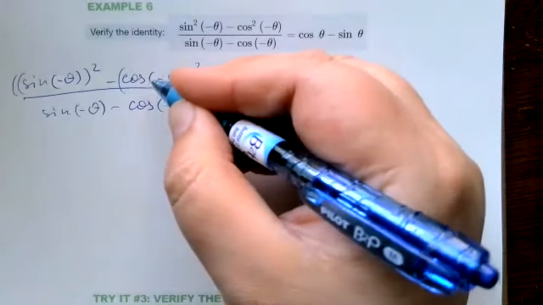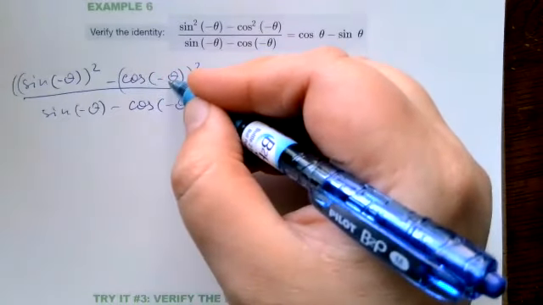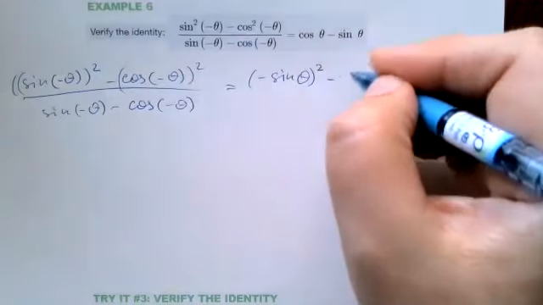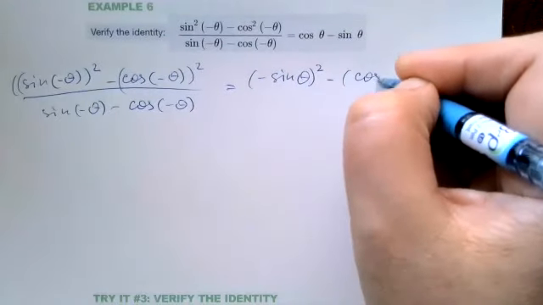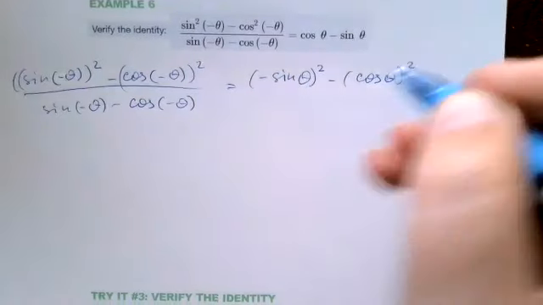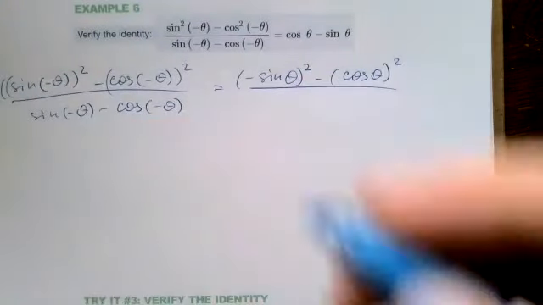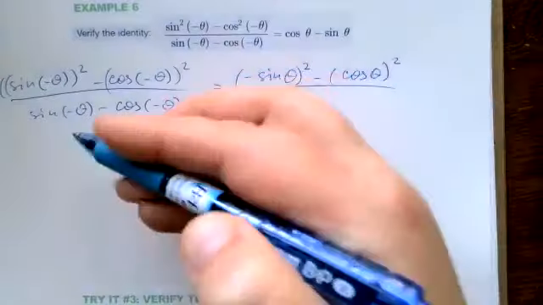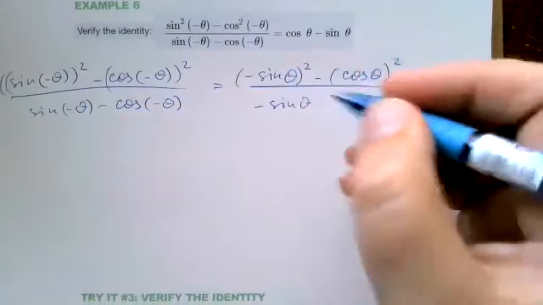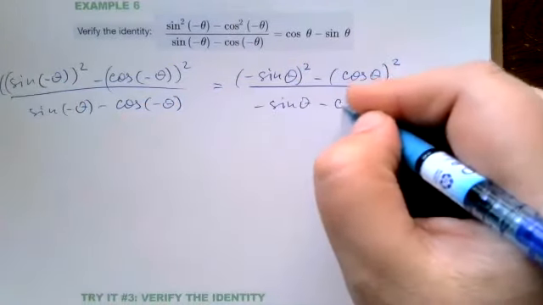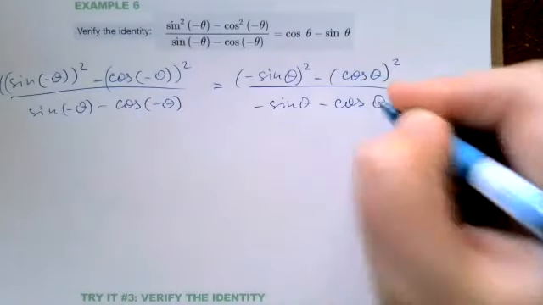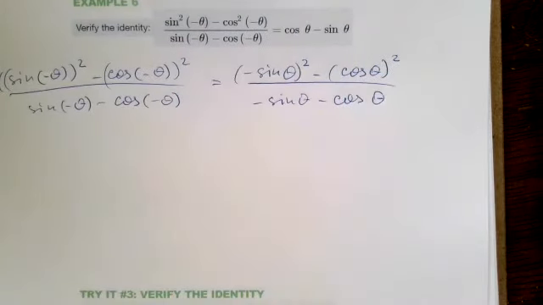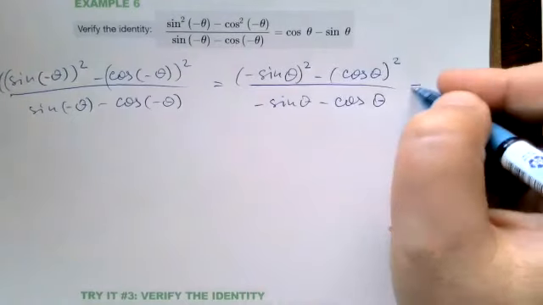And cosine is an even function, so this negative is going to be absorbed. So minus cosine theta squared. The same thing happens on the bottom. Negative travels on the outside for the sine, and it's absorbed by the cosine. All right, so moving on.